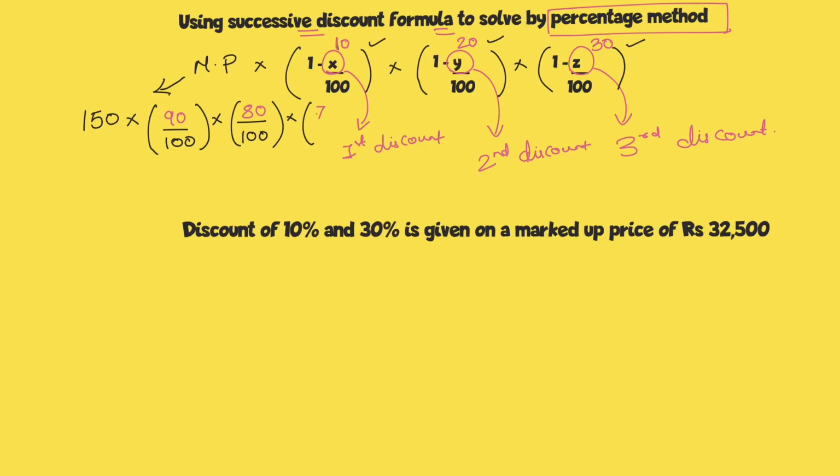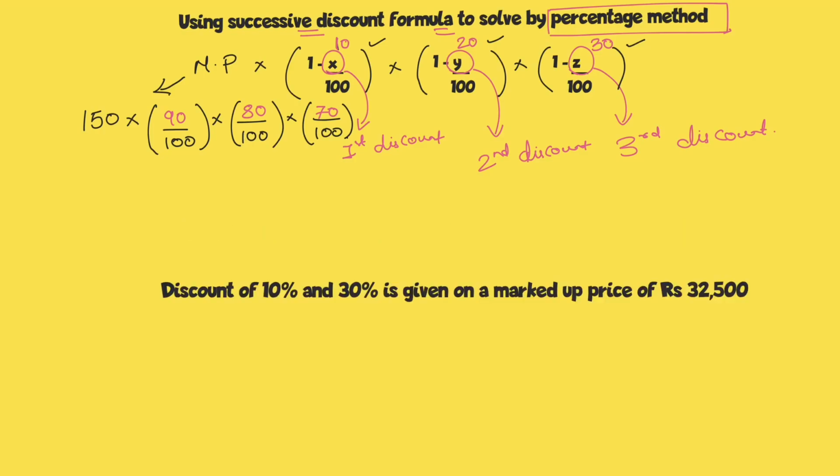Now 100 minus 30 is 70 upon 100, which means you are taking 70% of 90% and 80% of the mark price. So you are getting the selling price directly from the mark price.